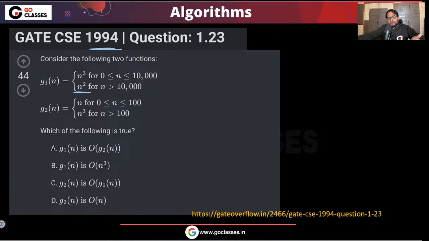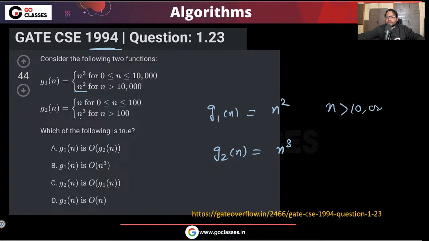So we should be taking care of the higher values. Okay, it is n square, and after 100 it is n cube. So which is greater? So see, you can write G1 as in fact n square and G2 as n cube. Okay, you can say it is n greater than 10,000 if you want, but that's fine. This is also n greater than 100, but you can also say n greater than 10,000, right?